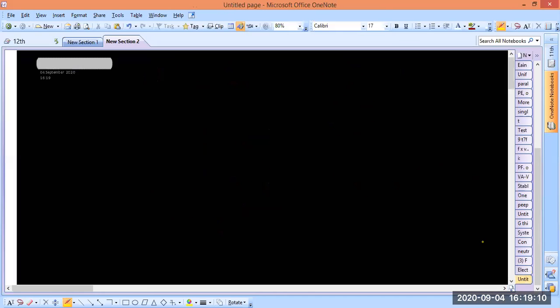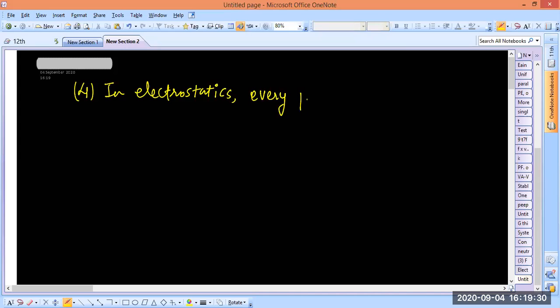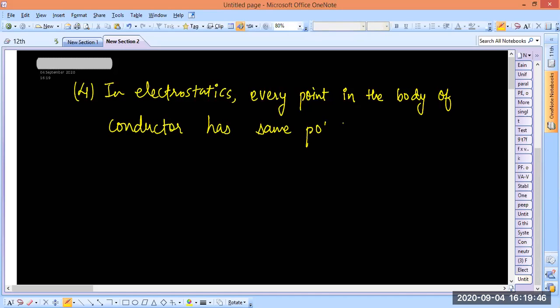The property is that in electrostatics, every point in the body of a conductor has the same potential as the surface.